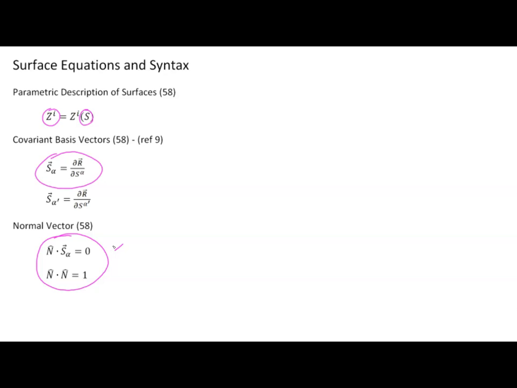So the normal would be a vector that is perpendicular to each of the three basis vectors and is a unit vector. And those four vectors together will give us the tangent space. So just keep that in mind as we go. I'm going to develop it as if it's a two-dimensional surface, but you can just know each time that the results are quite general and can be applied to any abstract level.